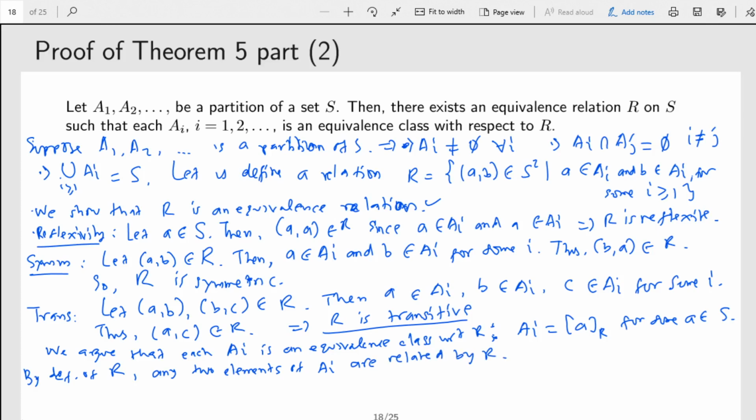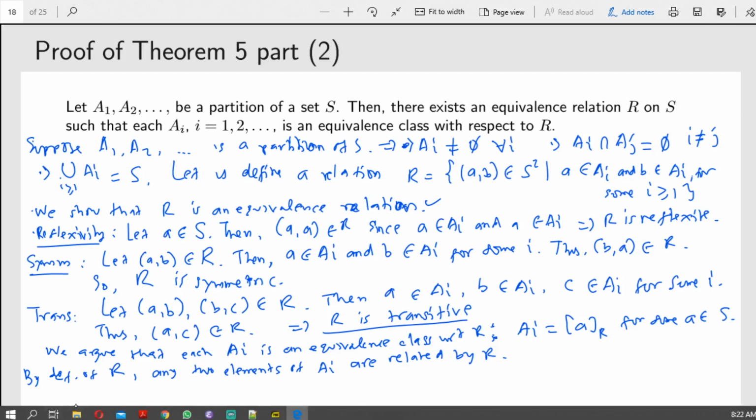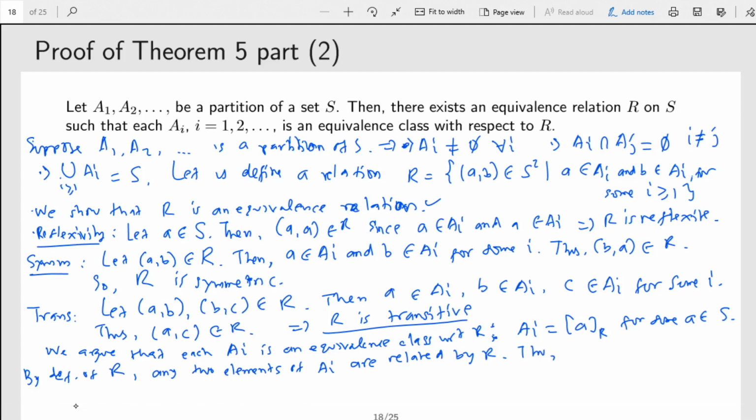But this means that we could write the set AI to be a set of B. Oh, sorry, not this one.